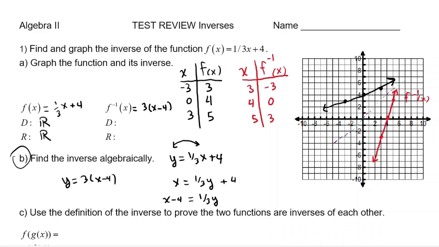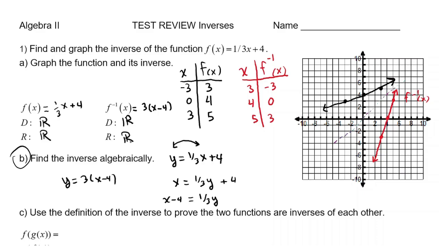If we plug in 4 here, we would get 0. If we plug in 5, we would get 3, so this does work. Again, we're linear, so the domain is going to be all reals, and the range is going to be all reals. So that's a basic problem where it's linear, how we would graph the inverse and how we would find the inverse algebraically.